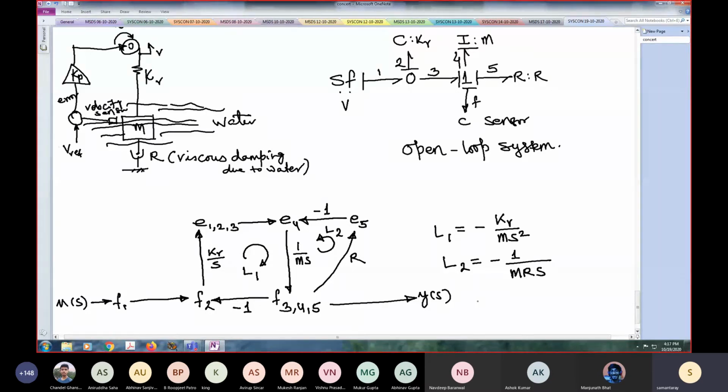Forward path there is only one. So minus R by ms, right? Oh, R by ms. Yes.